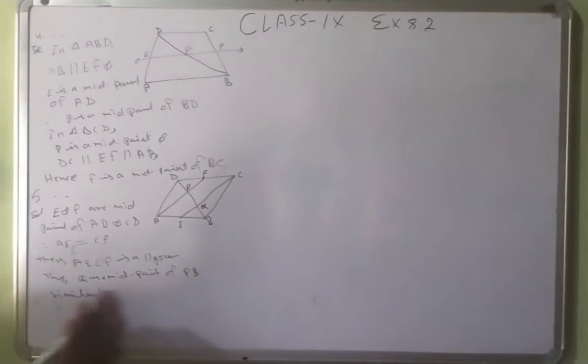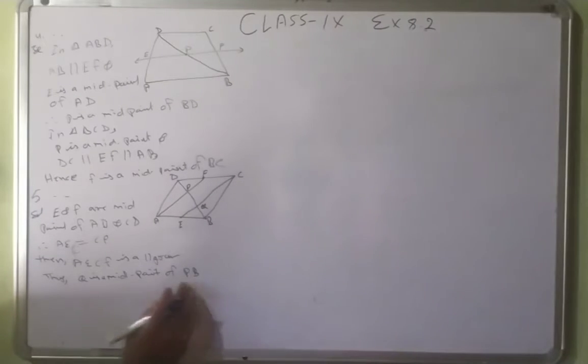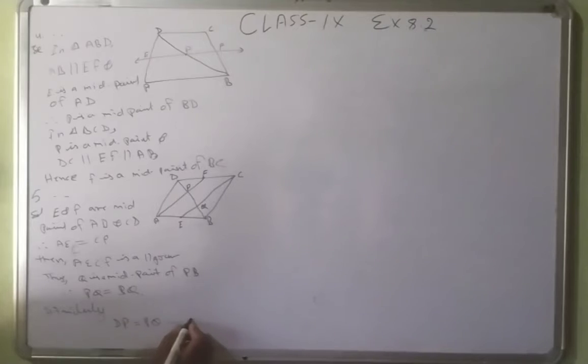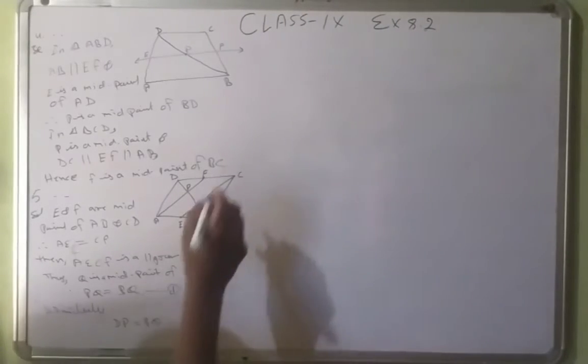Or we can write like this also: Q is the midpoint of PB, so PQ is equal to BQ. Similarly, DP is equal to PQ. That's the first equation, this is the first and second.